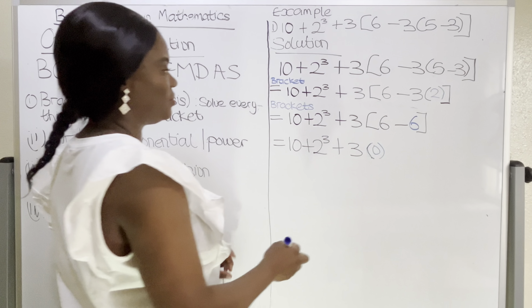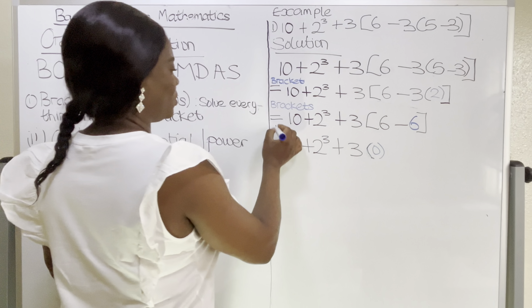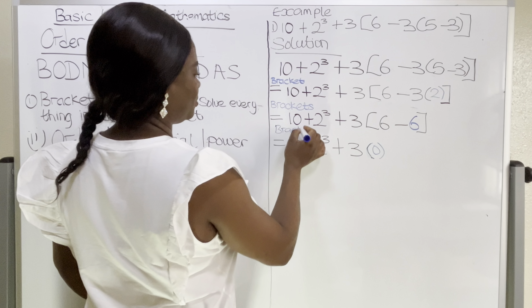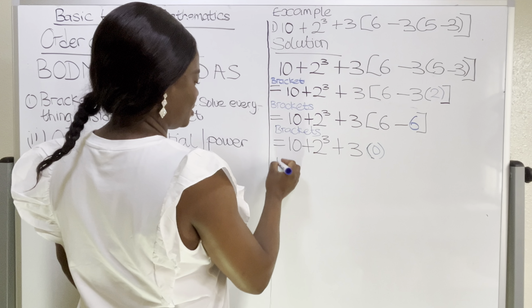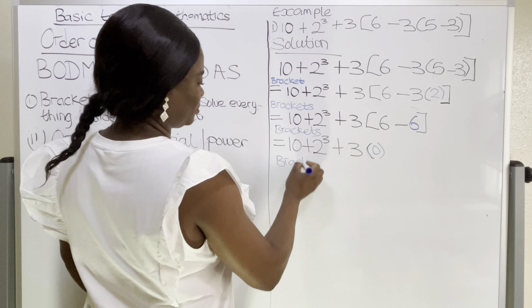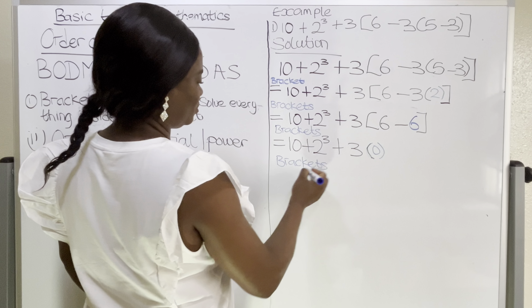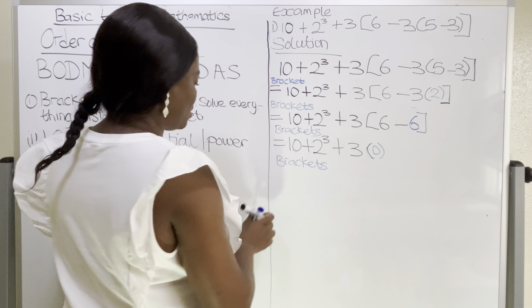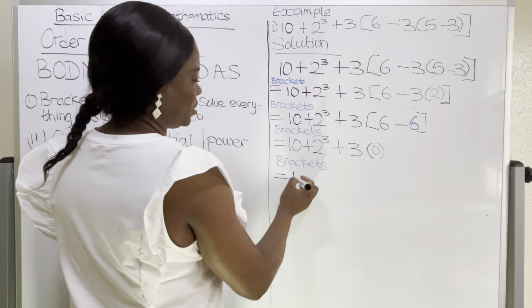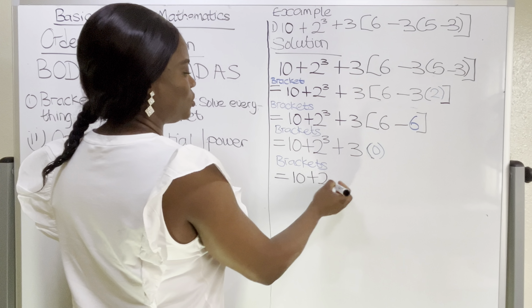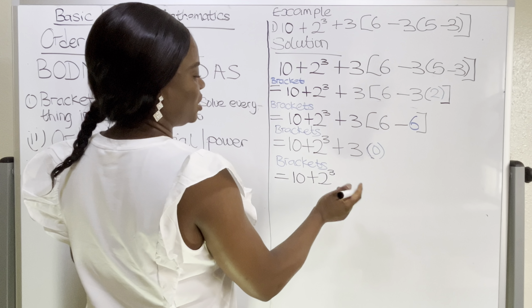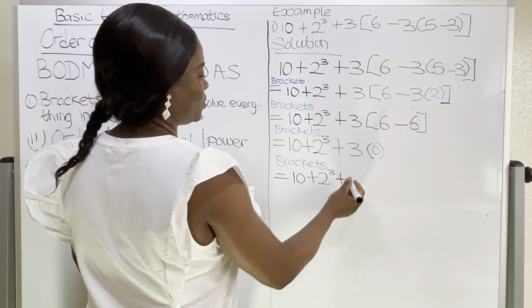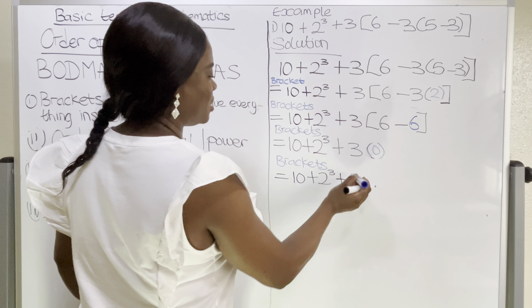Here we did the brackets. We are going to have 10 plus 2 power 3, 3 times 0 is 0. So we are going to have 0 here.